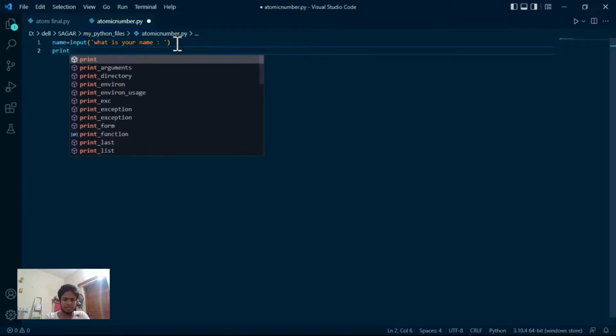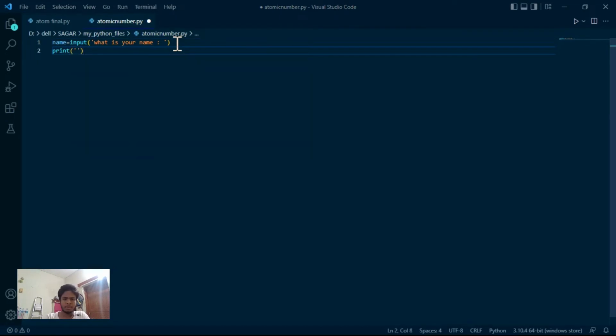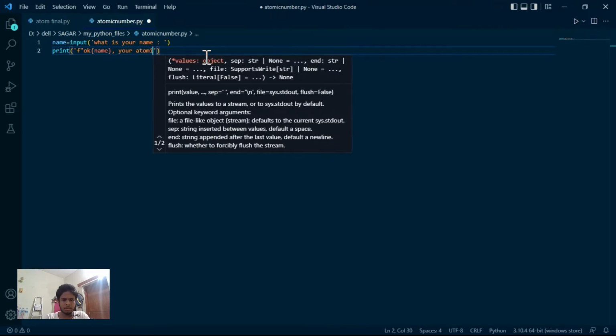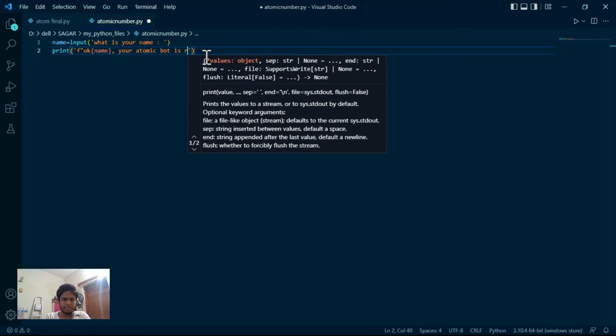Then print, f, OK, name. Your atomic board is ready.